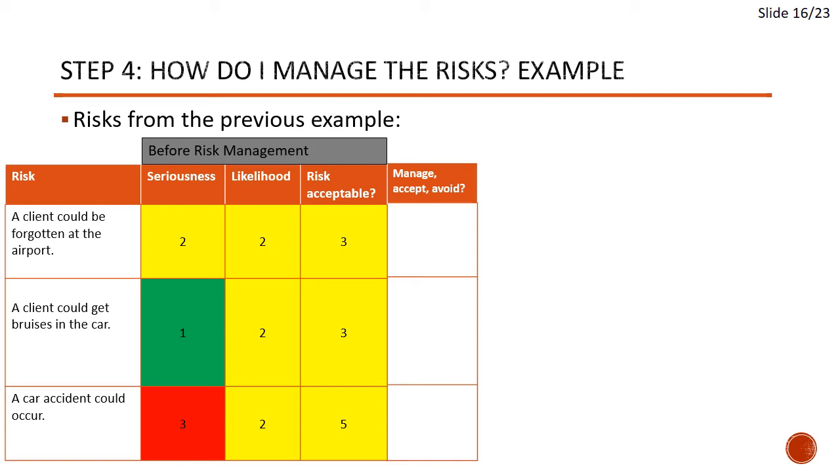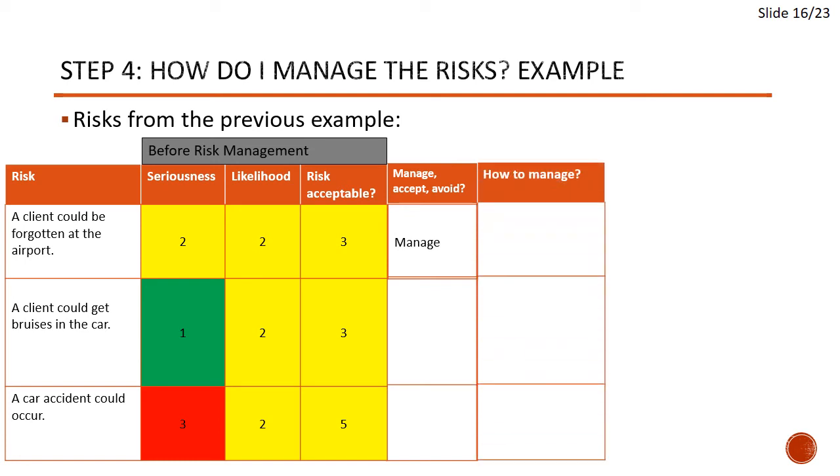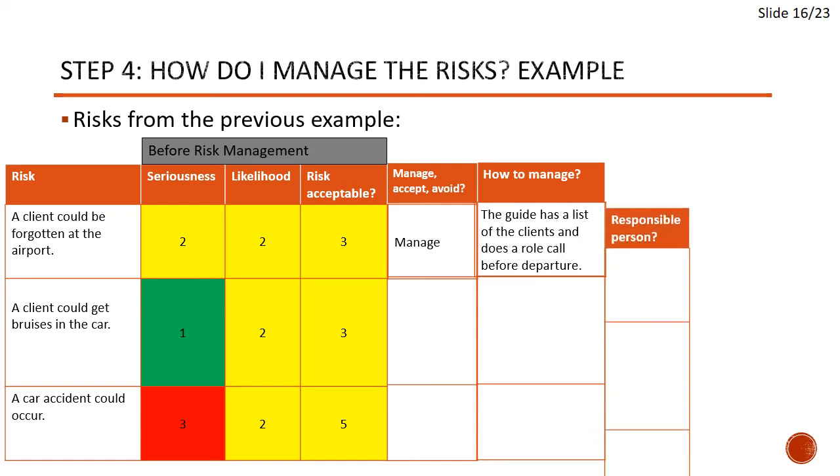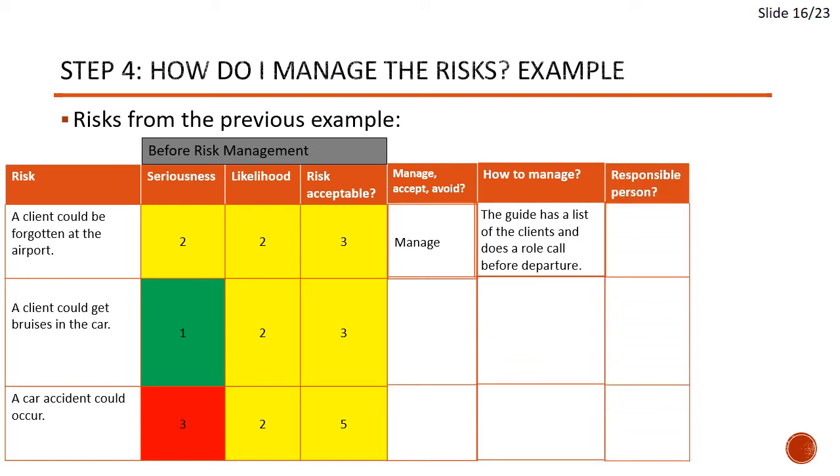It's only a maybe acceptable risk and not an outright acceptable risk. So we decide to manage it. So, how should we manage the risk? We can, for example, give the guide a list of the clients and make him or her do a roll call before departure. So who is responsible for managing the risk on the ground? The guide.